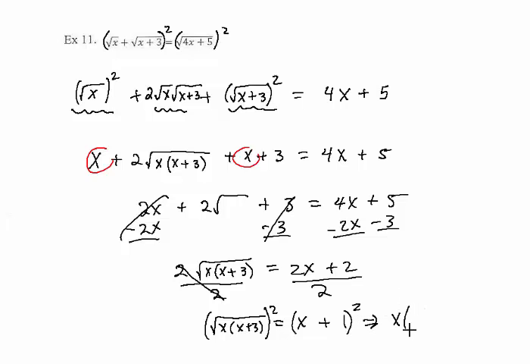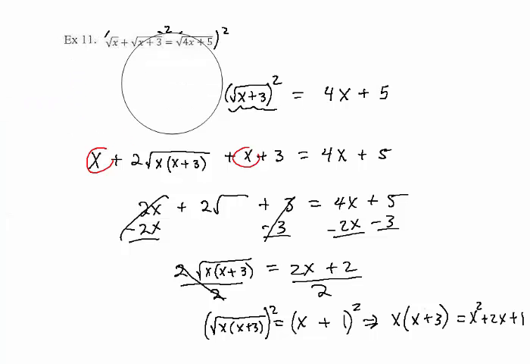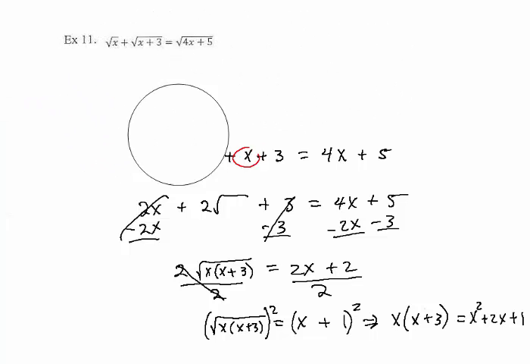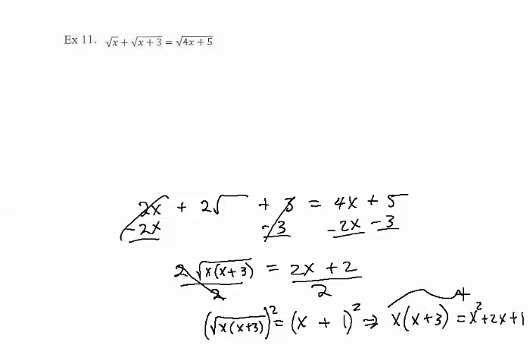It becomes an x times an x plus 3 equals an x squared plus 2x plus 1. Alright, need some more room, so I'll take our current equation back to the top.